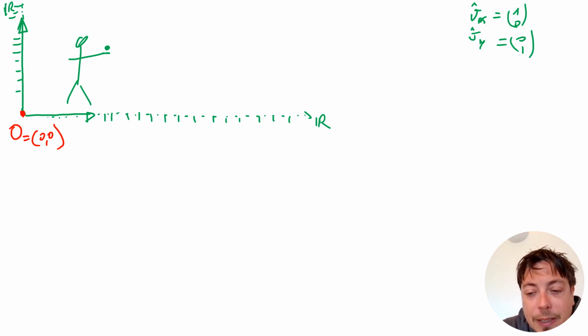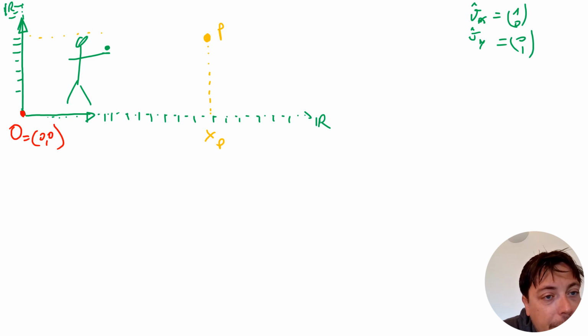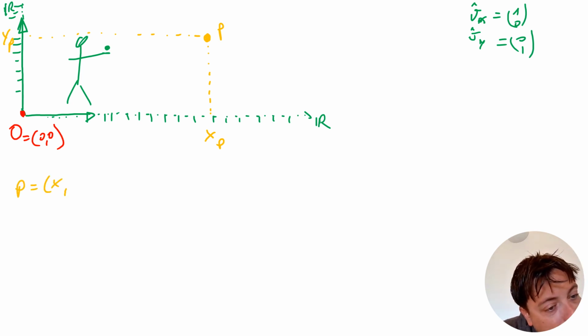Frame of reference meaning that we now can, if we pick any point, let's call it P, associate to this point two values, xp and yp. Okay, and P is equal to (xp, yp), and we know that two numbers can be represented as a vector as well.